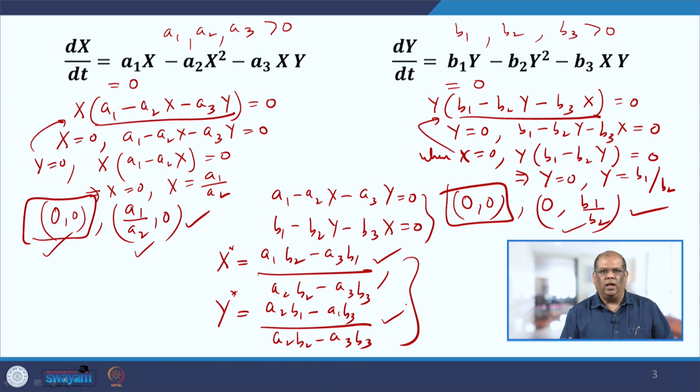So, once you get the equilibrium solution, you now have to check for stability. To check for stability, we have to find the Jacobian matrix.